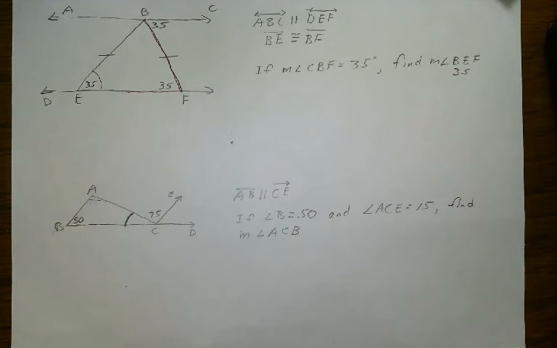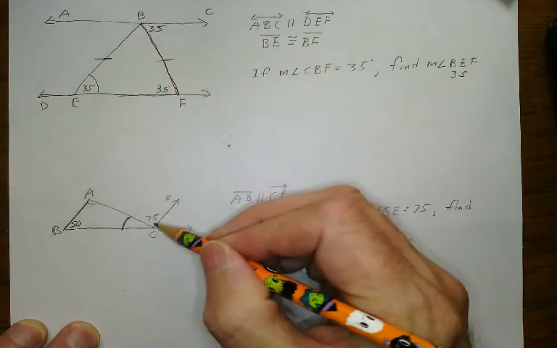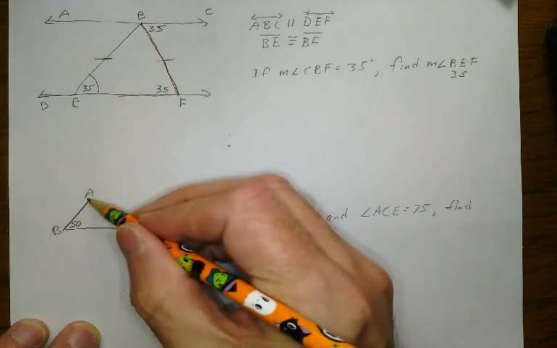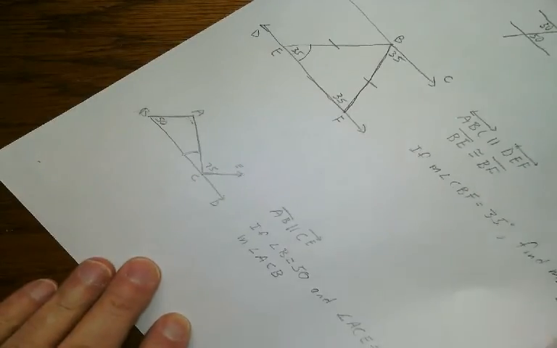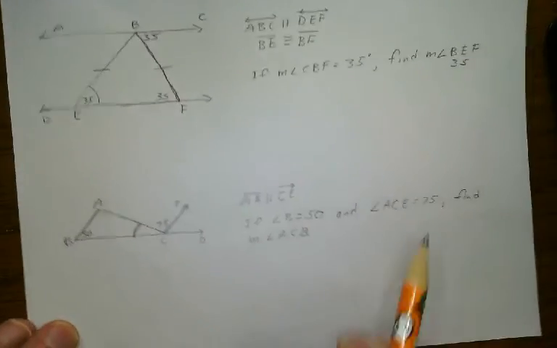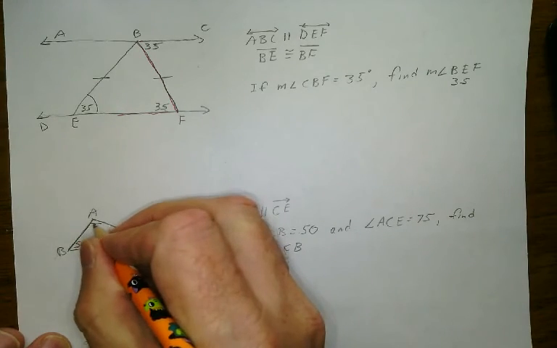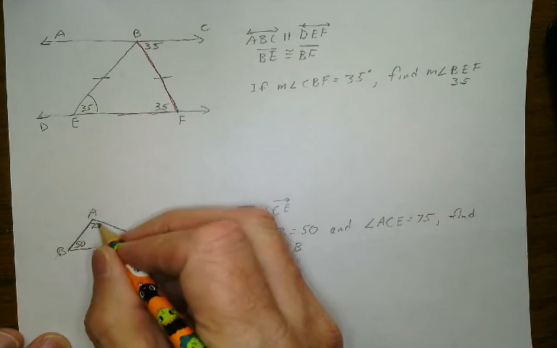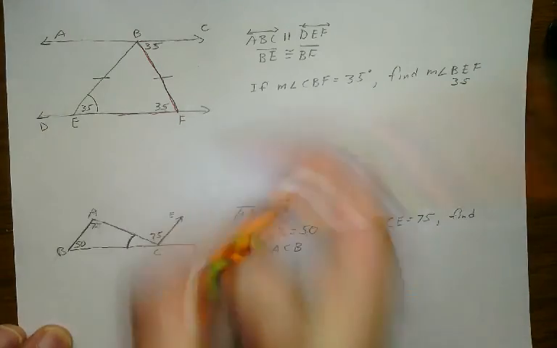Well, because they're parallel, and remember I mentioned the Z, this line is parallel to this line, and this is the transversal right here. If it helps, look at it like that. And if it makes the letter Z, if that's 75, then this here is also 75.